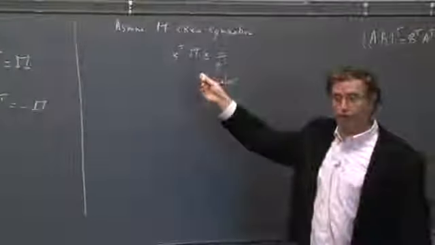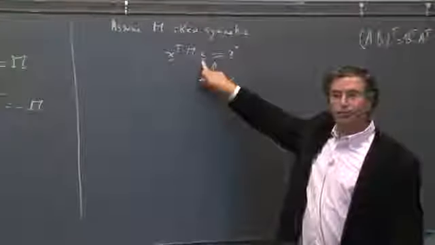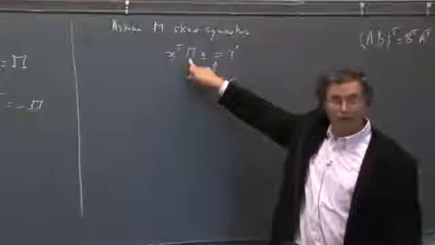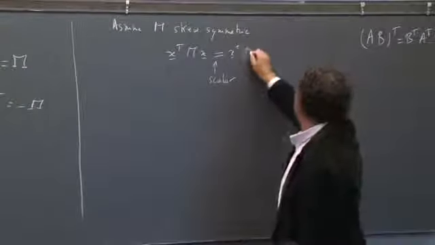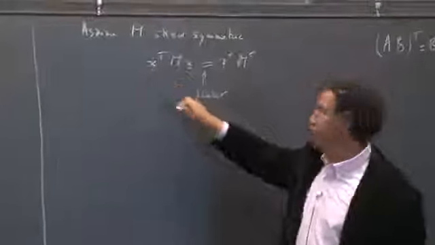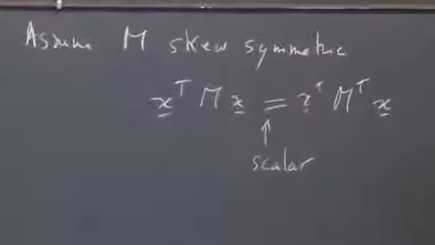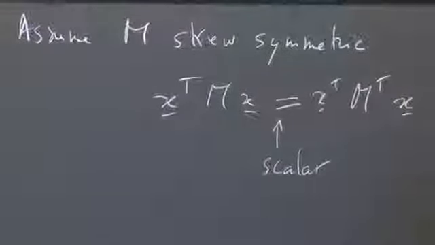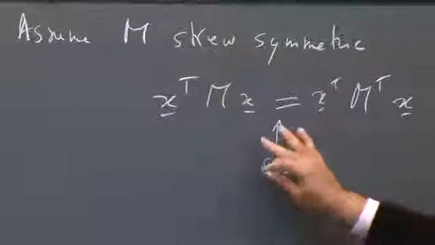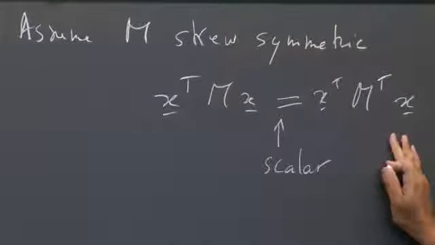What's the transpose of this? Well, it's x transpose, the transpose of this term, times M transpose, the transpose of the middle term, times x. So this scalar, if you take its transpose, you get this, which is the same thing as this scalar.